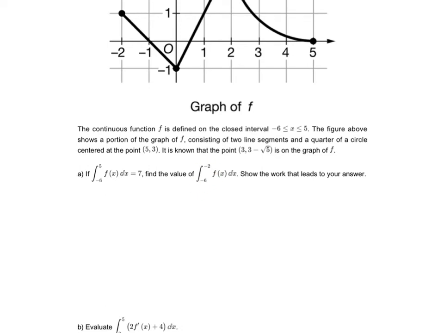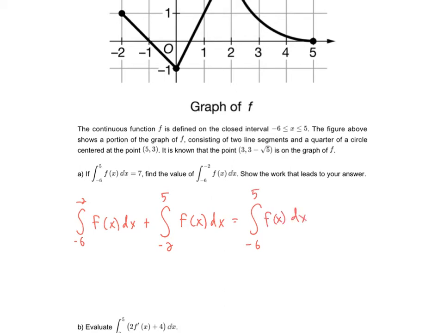So you get that the area under the graph from -6 to 2 plus the area under the graph from -2 to 5 equals the area under the graph from -6 to 5.